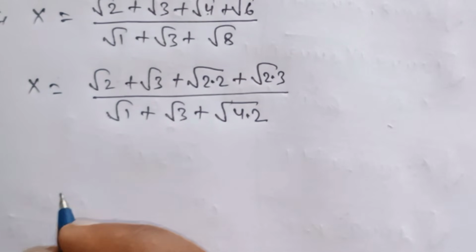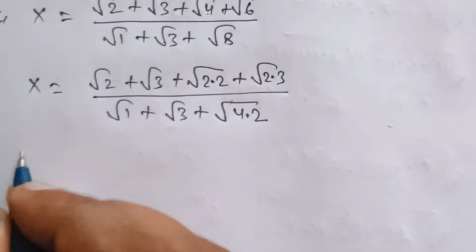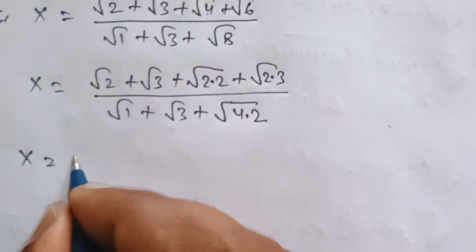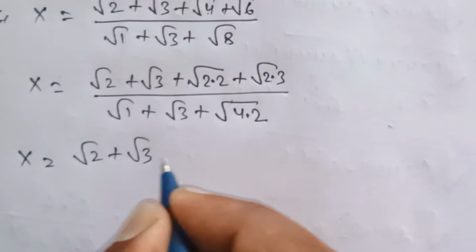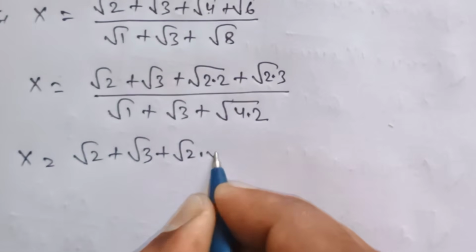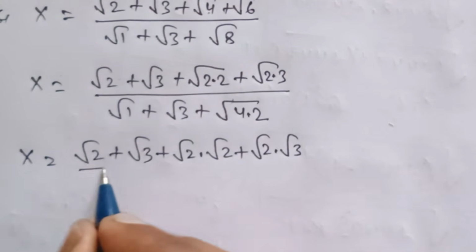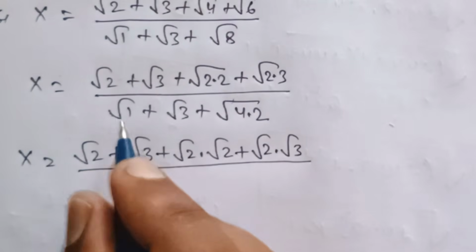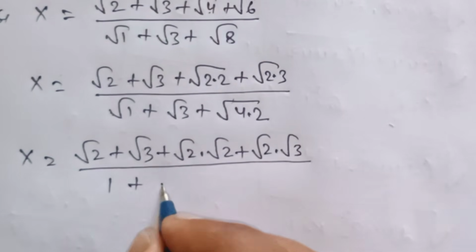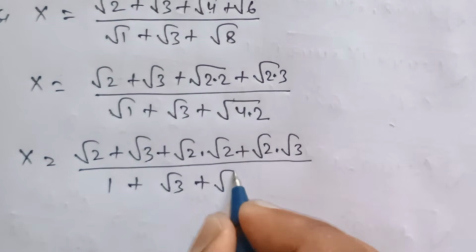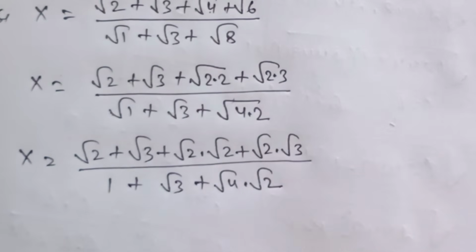After that, separating this, x is equal to root 2 plus root 3 plus root 2 into root 2 plus root 2 into root 3, divided by root 1 plus root 3 plus root 4 into root 2.